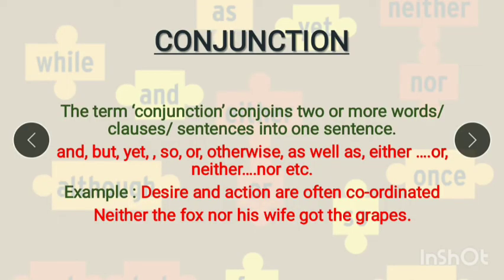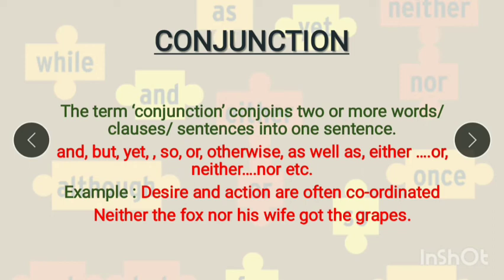Next one is conjunctions. Conjunction, from the word itself, means it conjoins two or more words, clauses or sentences into one sentence. Two or more words, clauses or sentences joined together into one sentence is called conjunction.